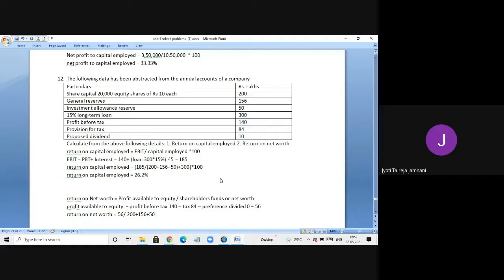We are not taking loans and any other liability, only equity funds, that is equity capital, reserves and profit and loss account if it was given. So these three things are given. So we get the returns in percentage. The formula is also written as into 100. We'll solve this and get the return on net worth.